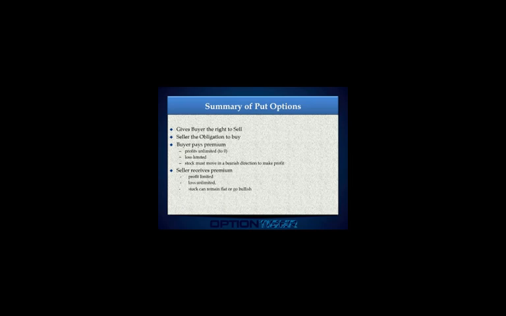However, the buyer's losses are limited, but the stock must move in a bearish direction to make a profit. The seller, on the other hand, receives a premium, and his profit is limited to this premium. But his losses are unlimited up to a limit of zero. The stock can remain flat or go bullish from the perspective of the seller.